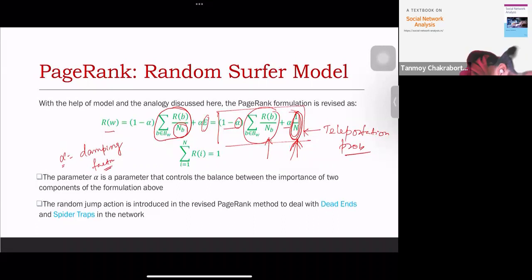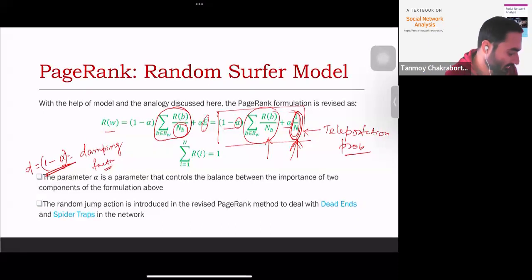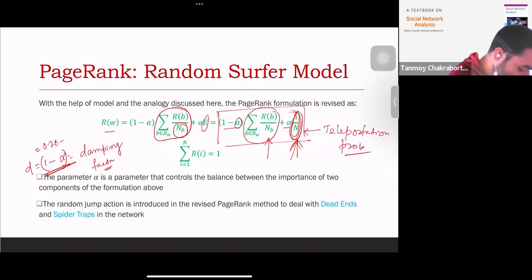What is called the damping factor is 1 minus alpha, which is called D. It doesn't matter, meaning that alpha can also be called a damping factor, but anyway, 1 minus alpha is called the damping factor. This is generally set to 0.85. You can choose depending upon your situation, so D is set to 0.70 to 0.85, but depending upon the situation, you can also change it.